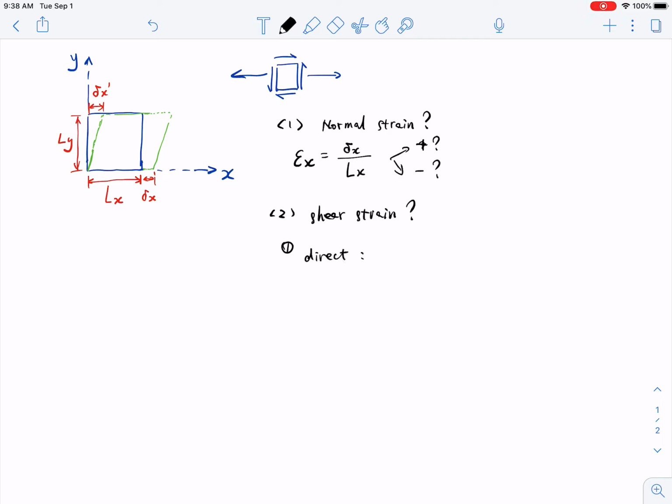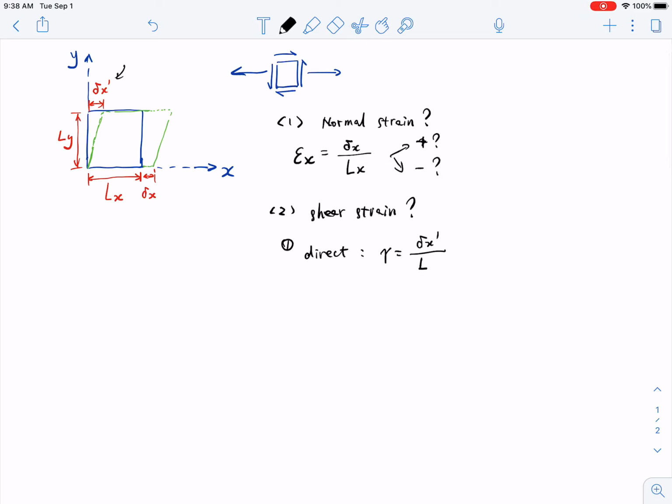Use the first equation, the definition. Gamma equals delta x prime, as shown here, over Lx or Ly. Right, this is Ly this time, since these two values should be perpendicular to each other, not in the same direction. We also have an indirect method.